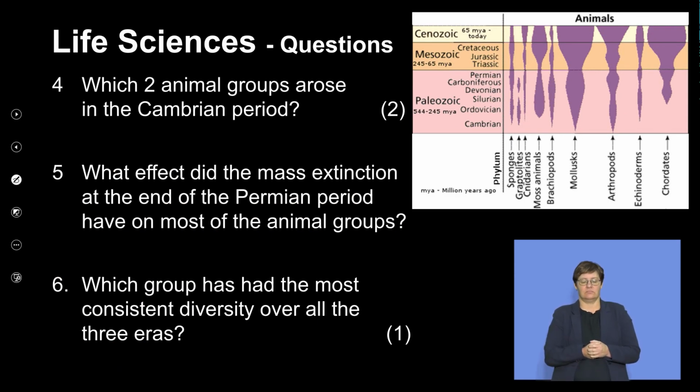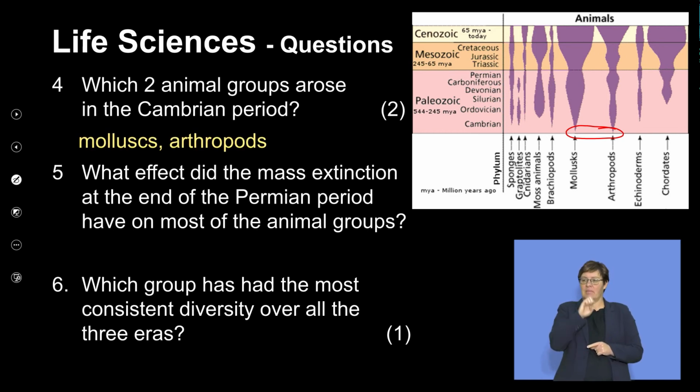Next question. Which two animal groups arose in the Cambrian period? So you need to find the Cambrian period and find out which two animal groups arose in it. If we have a look here, right at the bottom of the Cambrian period, in the beginning, when invertebrates were ruling what Earth was like at that time, those are the mollusks and the arthropods. Those are the earliest groups that arose.